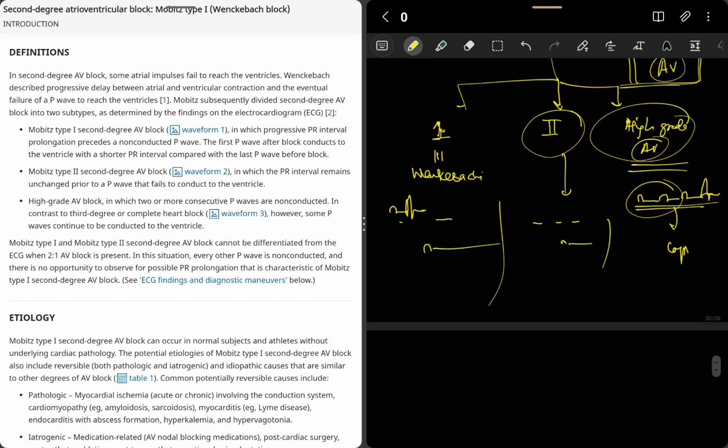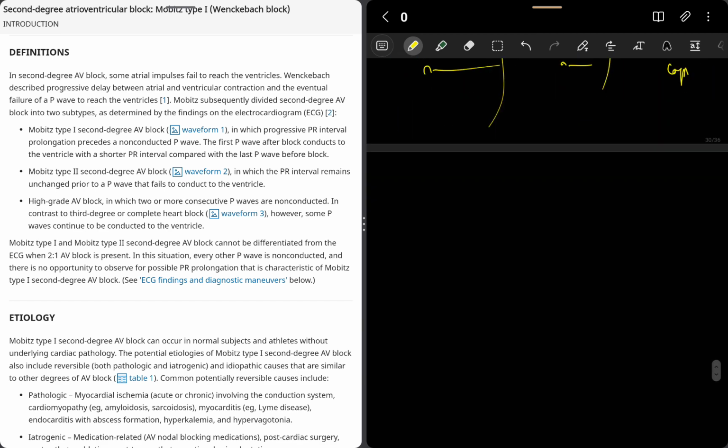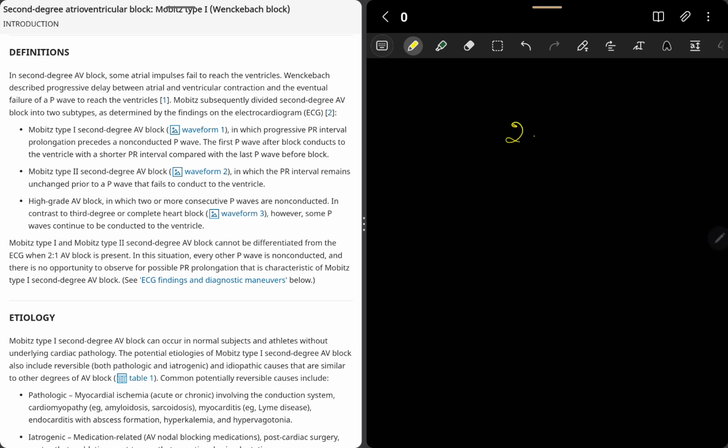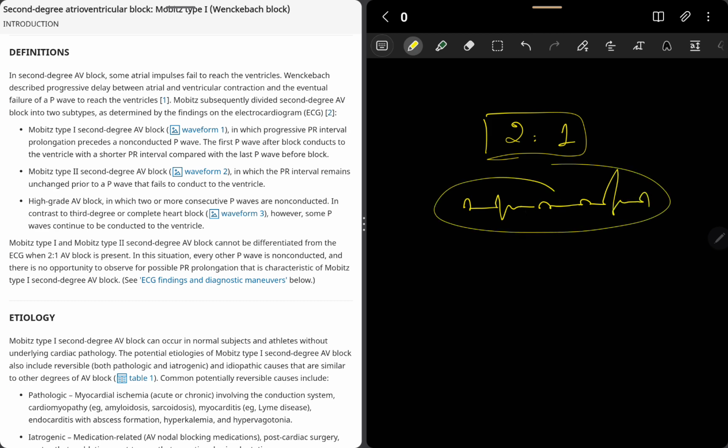But sometimes it is difficult to differentiate between Mobitz type 1, or Wenckebach, and Mobitz type 2 second degree AV block. The reason being, sometimes on ECG you get a 2:1 pattern where one P wave is conducted to the ventricle and another P wave is not conducted to the ventricle. That is 2:1, where every other P wave is not conducted.